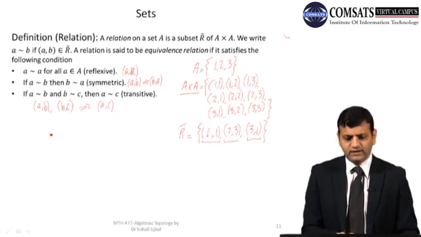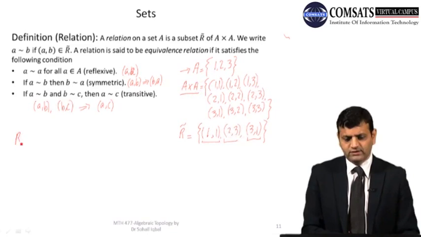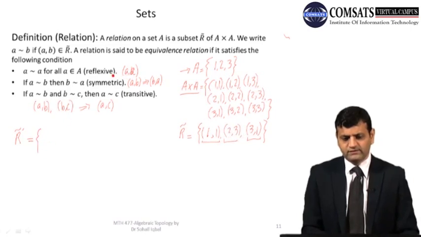So let's try to find an example of an equivalence relation on this set A. Of course, an equivalence relation is a relation, so it has to be a subset of A cross A. So let's try to find a subset R tilde prime of A cross A which satisfies all these three conditions. The first condition, reflexiveness, shows that it has to contain (a, a) for every a belonging to A. In other words, it must contain (1,1), (2,2) and (3,3).